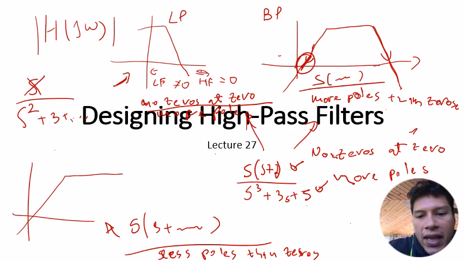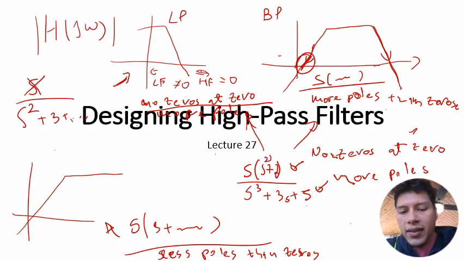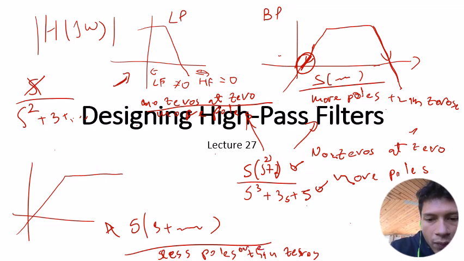Now, if I make this squared, this is a high pass filter, less poles than zeros, or equal, sorry, less poles or equal.